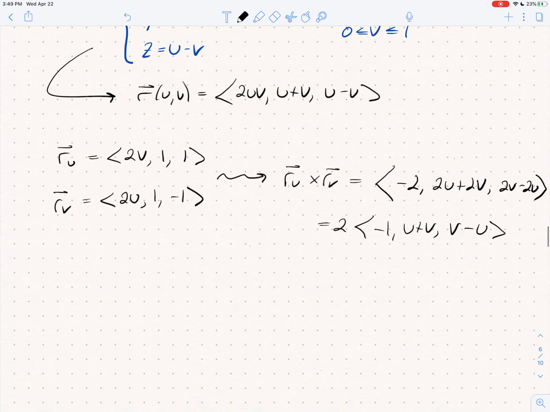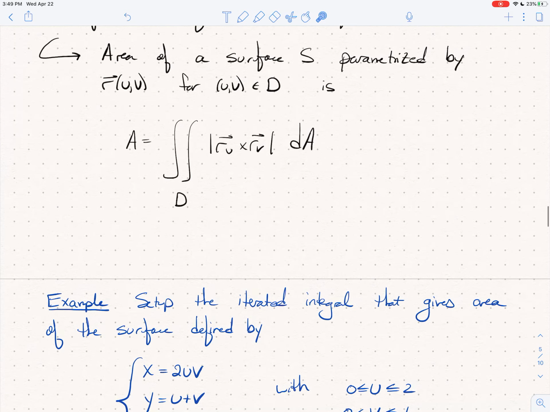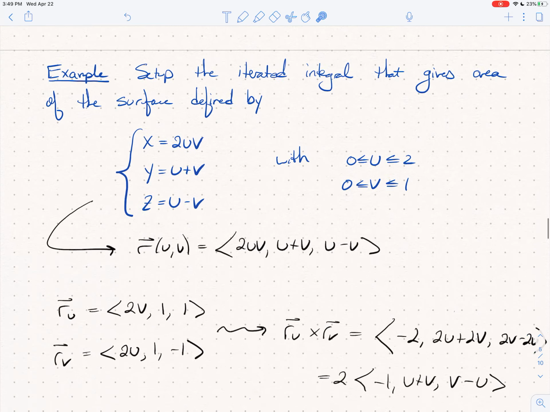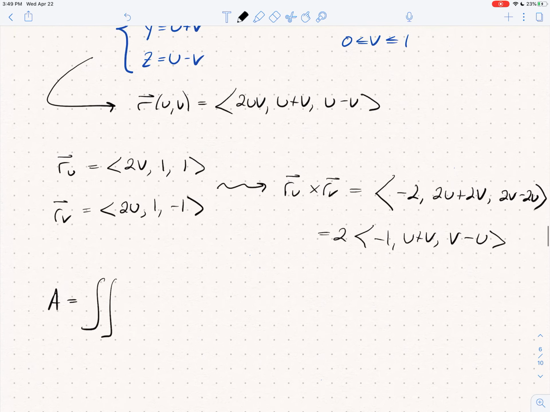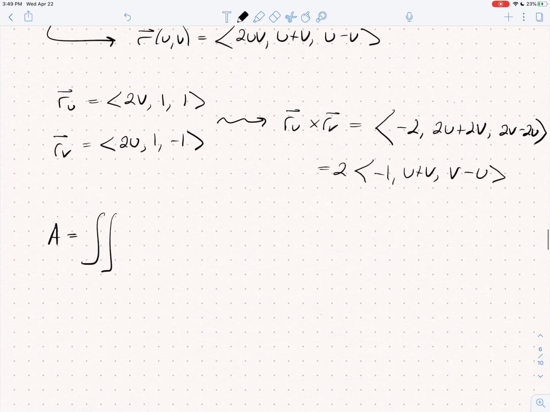So when I'm looking for the area, I'm going to have the double integral over whatever region D that R of U and V is defined for, of the length of the cross product R_U cross R_V. I want to take the length of this whole thing.